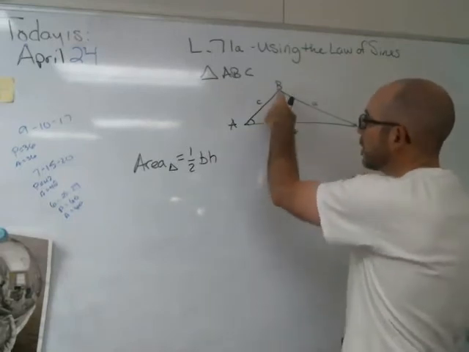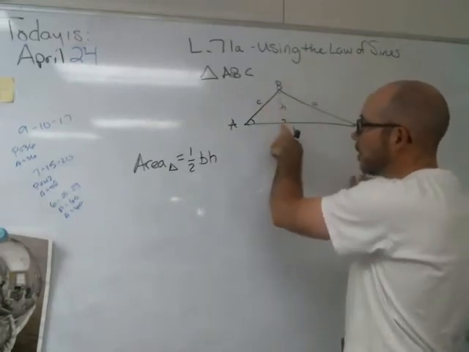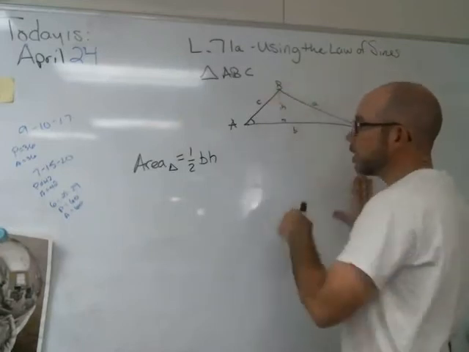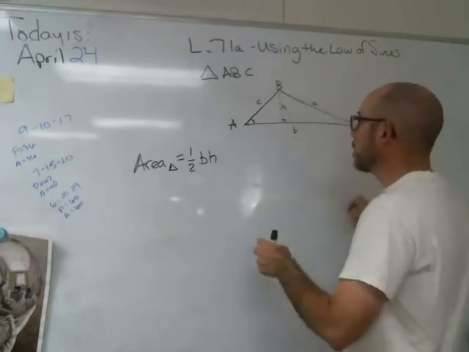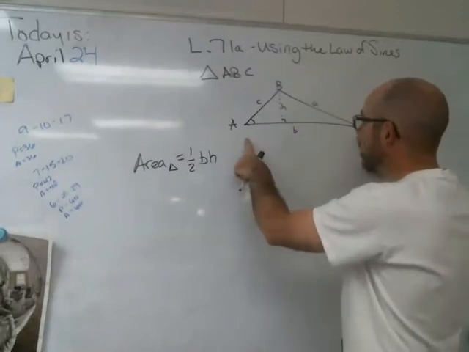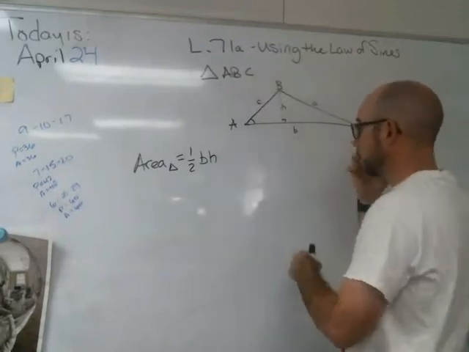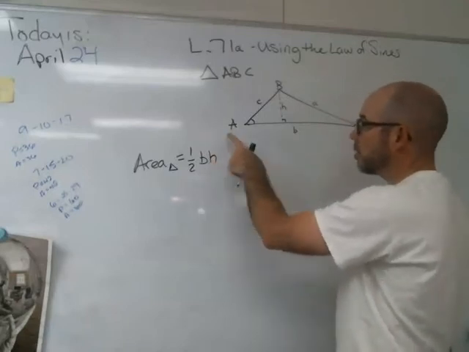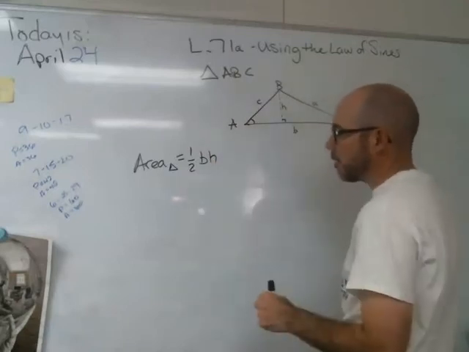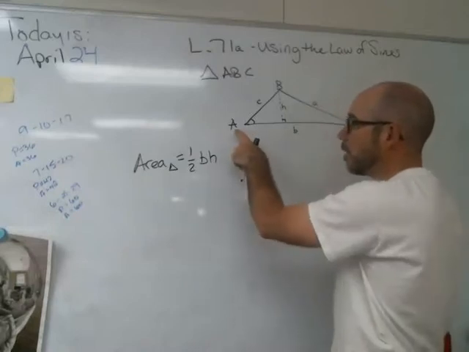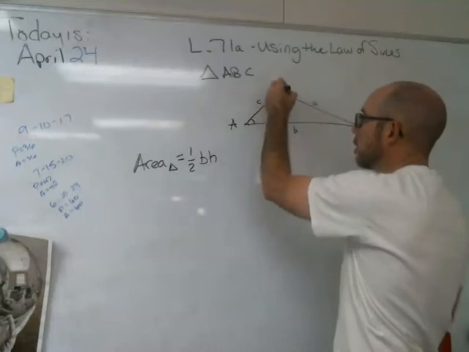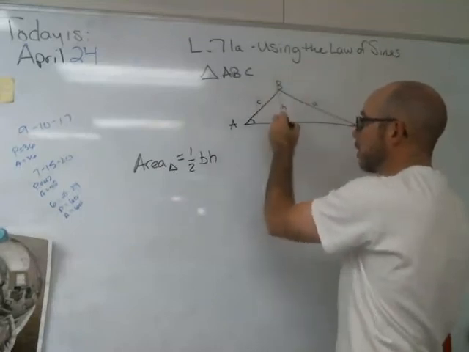What I do have, though, is if I drop the perpendicular, a little 90-degree angle down there, I can put the dotted line in there for the height. And I've got the base. That's the whole length here across from angle B. So what I need to do is write H in terms of the other business that I've got here. And how I do that, I go over here to angle A, and I see this little triangle right here, A, B to that perpendicular.